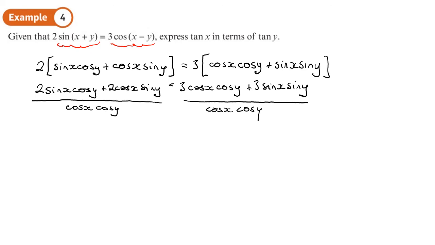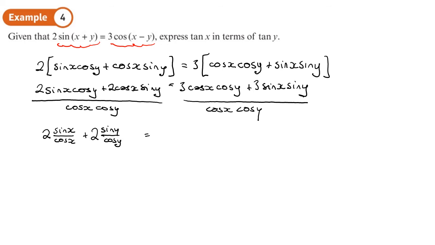If I do that, the first term is going to become 2 sine x over cos x. The second term will become 2 sine y over cos y.